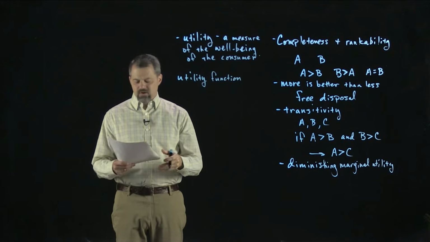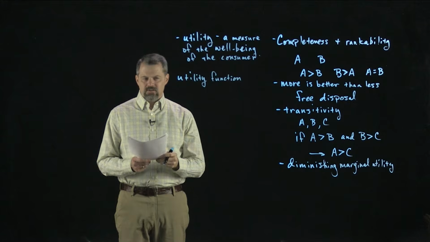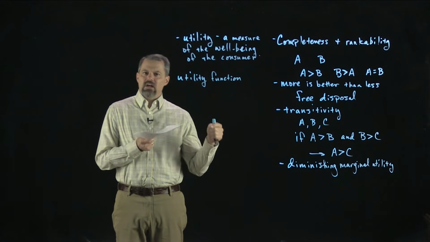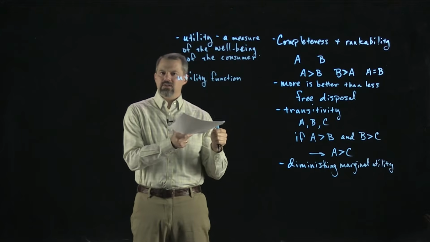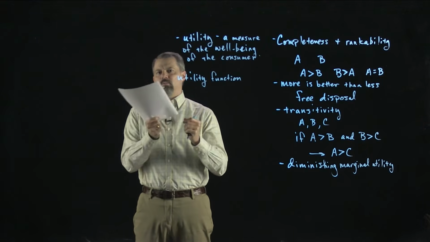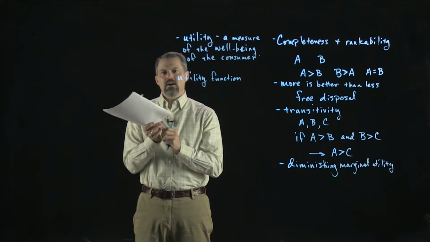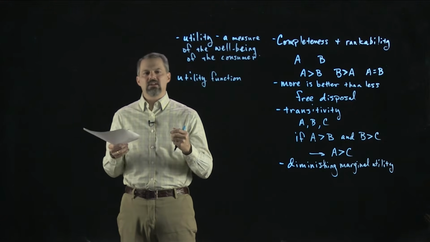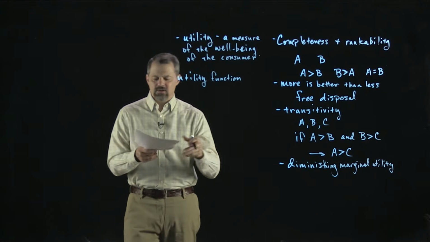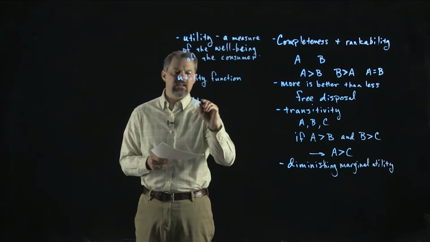And this is actually going to be a mathematical function. It's going to be a function where we can plug in the number of units of each good that the consumer is consuming, and out of that will pop a number, and that number will represent the well-being of the consumer. So let me write a general representation of a utility function. We could write it like this.